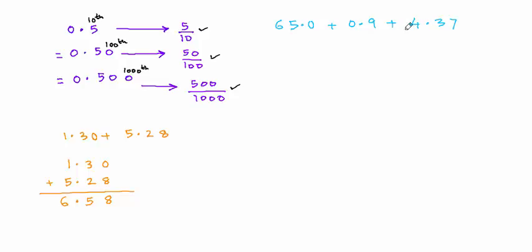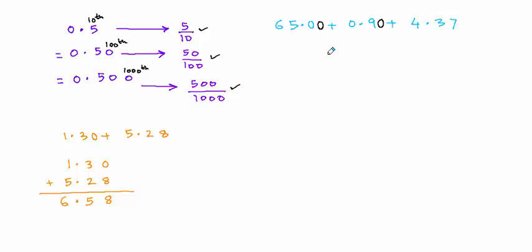And if you look at the other two numbers, 4.37 has two digits after the decimal point. And therefore, we need to add another 0 over here to make it 0.90 and another 0 over here so that all three numbers have the same number of digits after the decimal point.